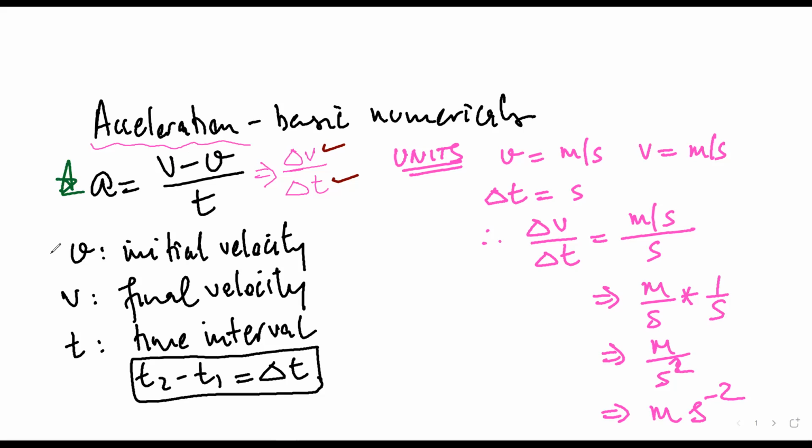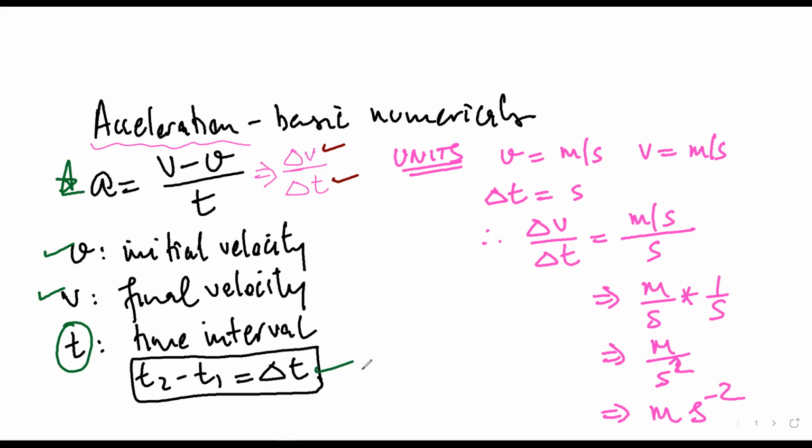In mechanics, u is the initial velocity, v is the final velocity, and you'll see a letter t written here. Now this t is a time interval. So the time interval is t2 minus t1, which is equal to delta t. Is it making sense?